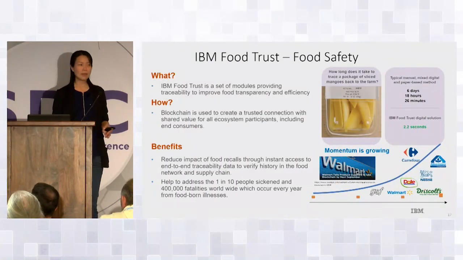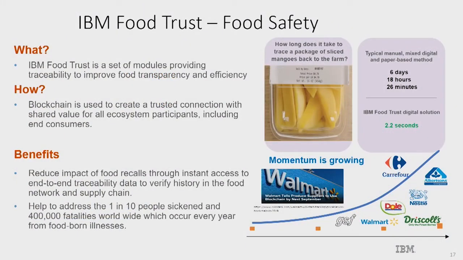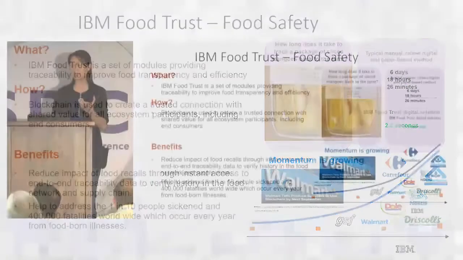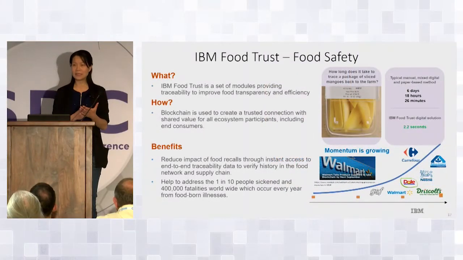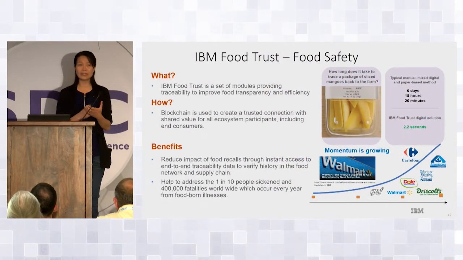IBM and Walmart, back in 2018, maybe earlier actually, started a proof of concept to track a package of mango and a package of pork. I'm just using mango as an example. Typically, when you have a package of mango in your hand, if somebody says, hey, something's wrong with this, can you track back where this came from?